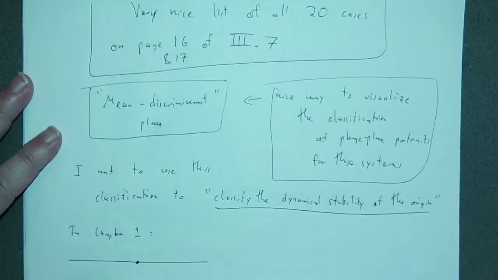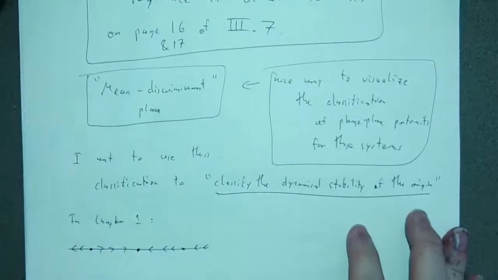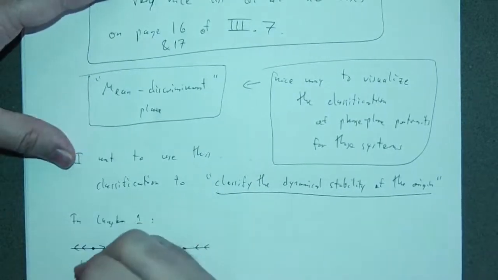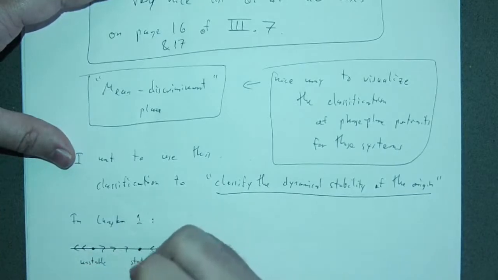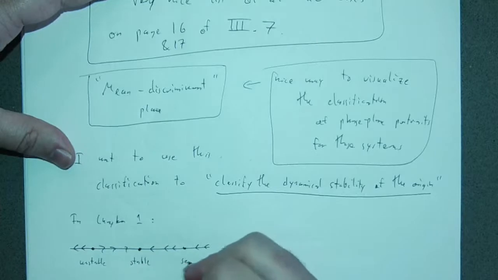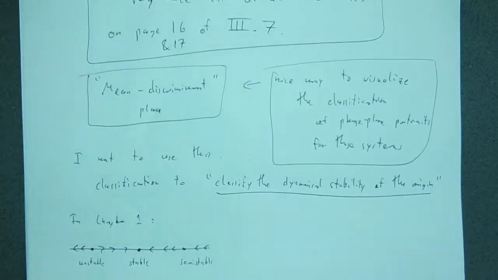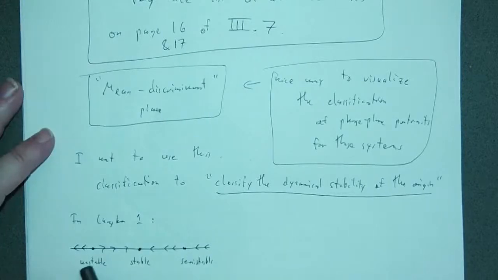And if we had, say, multiple stationary points, maybe this is what they look like if we actually drew these in. You'd look at these things and say, okay, something like this we called unstable, something like this we called stable, and something like this we called semi-stable. Or we just didn't even give it a name because we didn't care that much about it. Really, we cared about unstable and stable.